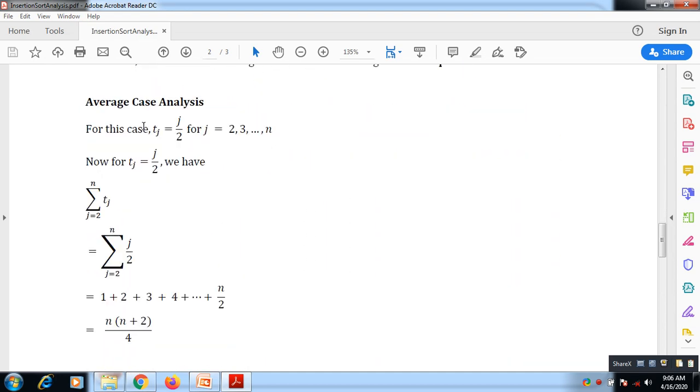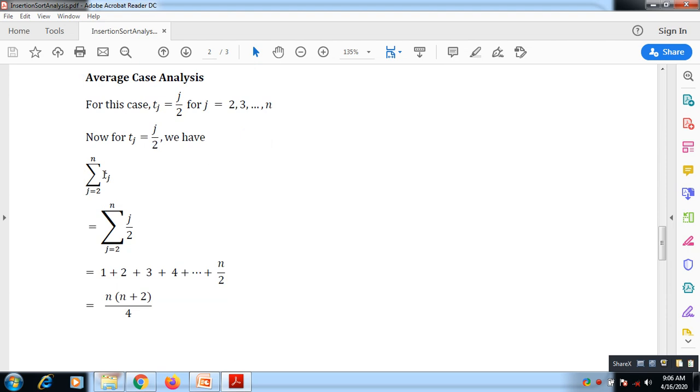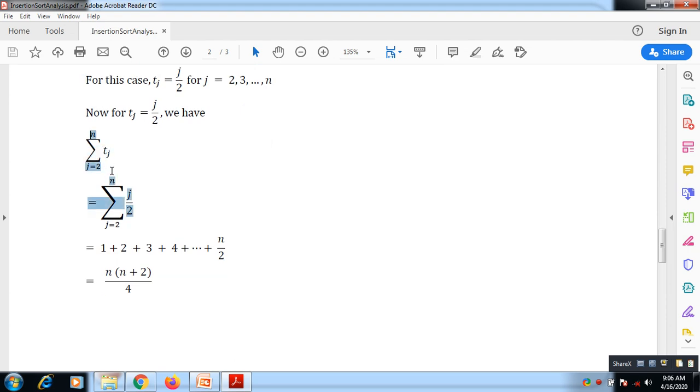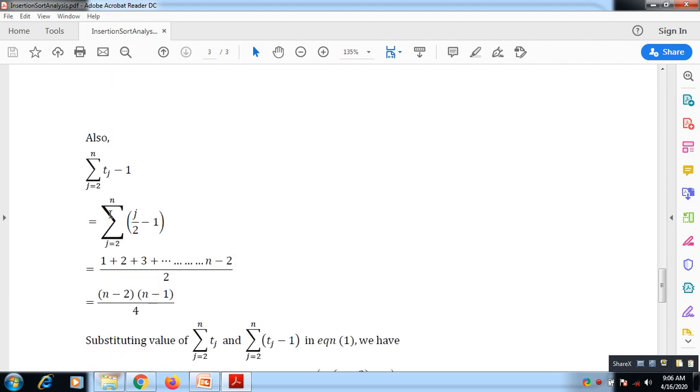Now for average case analysis, the given list will be partly sorted and partly unsorted. So for this case we will assume the tj value is j by 2, and after substituting the value of tj in the above expression, we can find the value of summation tj and summation tj minus 1.